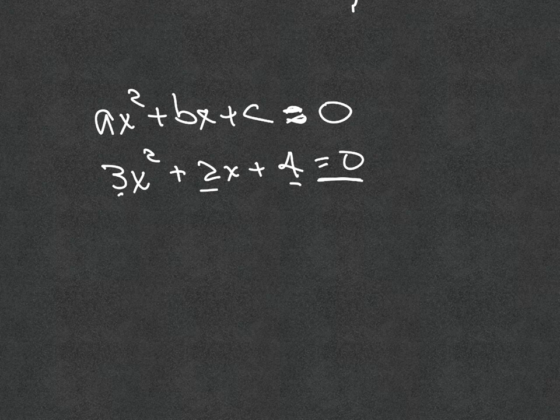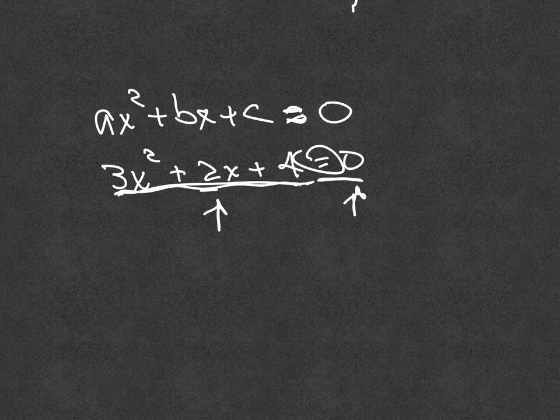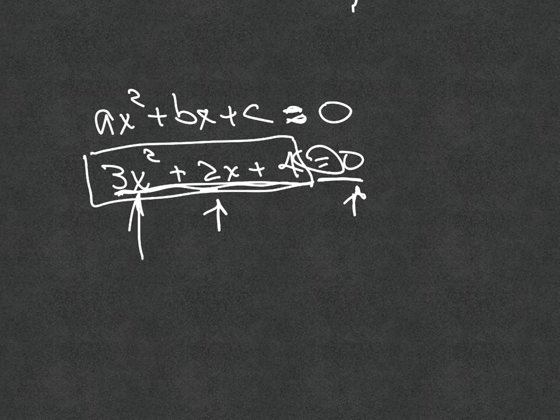The number 0 is a very special number in math, because if we set our equations equal to 0, then the left-hand side has to equal 0 because the right-hand side is 0, since we have an equal sign. So we're trying to figure out a number to put in for x so that 3 times that number plus 2 times that number plus 4 gives 0.